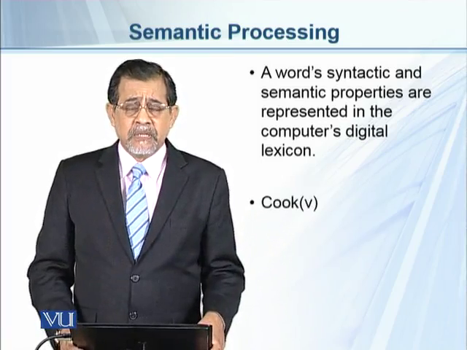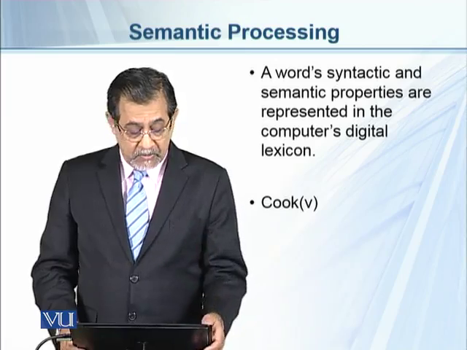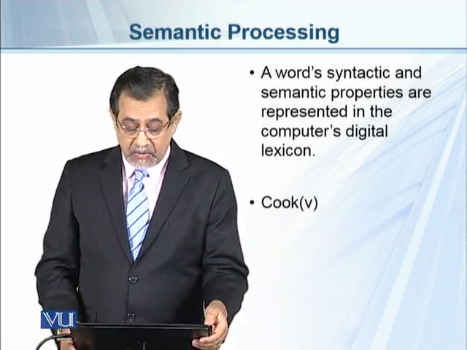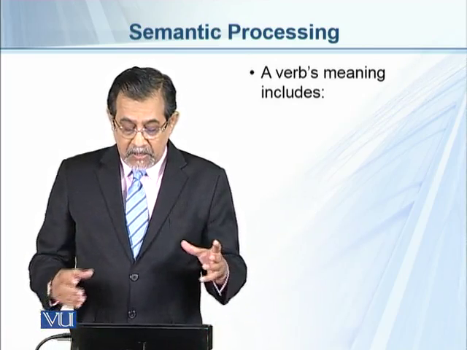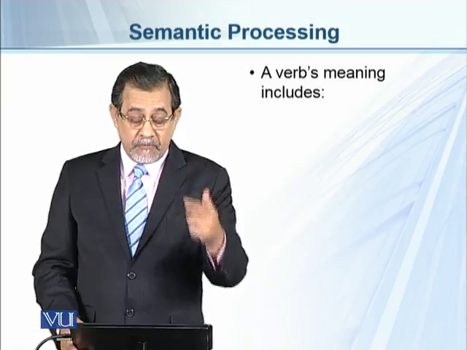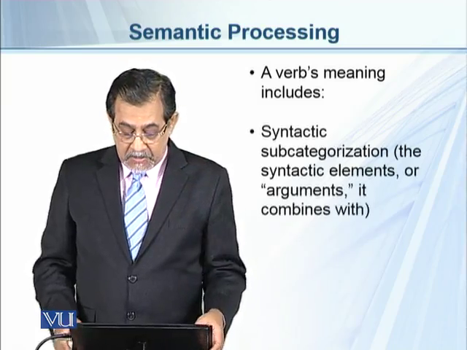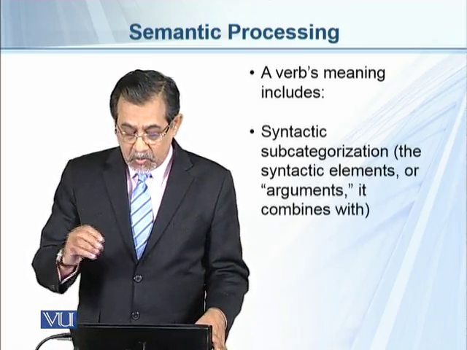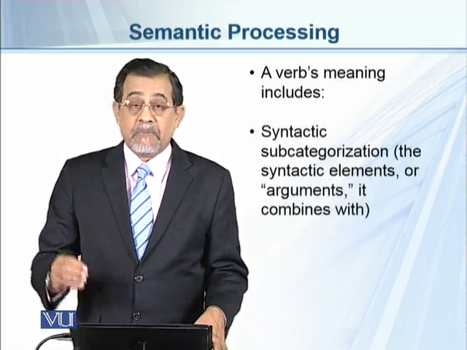For example, let's take the word cook. We take it as a verb, though it can be used as a noun as well. The meaning of the verb cook includes syntactic subcategorization, the syntactic elements or arguments it combines with.